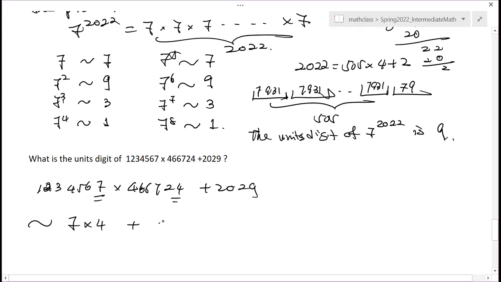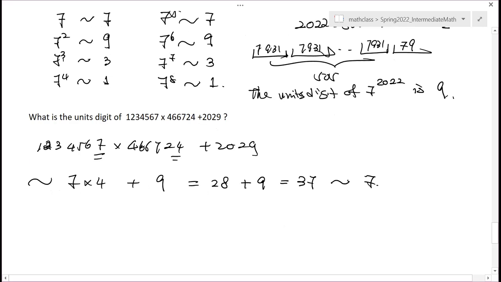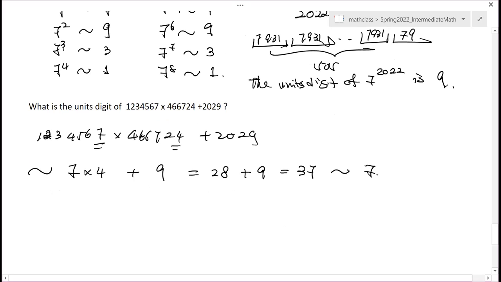So that's just 9. So that's why it's 28 plus 9, which is 37. So the units digit is 7. That's it. You don't need to worry about the tens digit or hundreds digit.